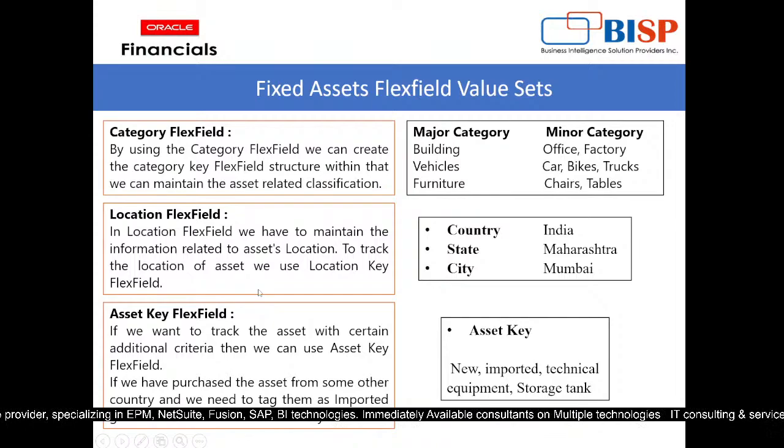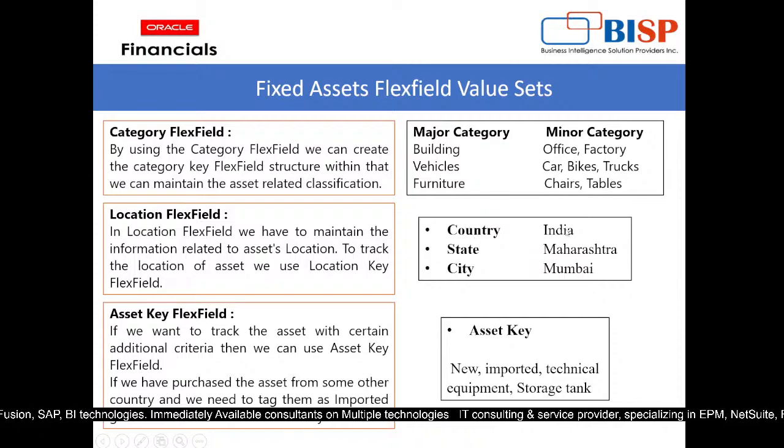Same way for location, we can maintain the information relating to the asset locations to track the location of an asset. If I want to record where my asset is situated, then the country, state, city, or the building can be the information that I need to maintain.